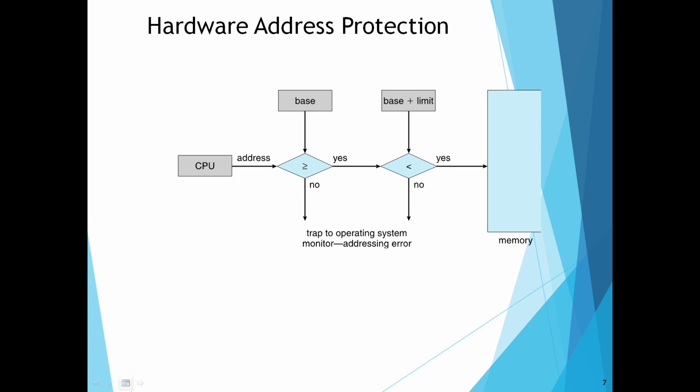If it is greater than the base, then the limit register will be added to the base register. Base plus limit will be added, and that address will be in the physical memory, that is, the main memory.